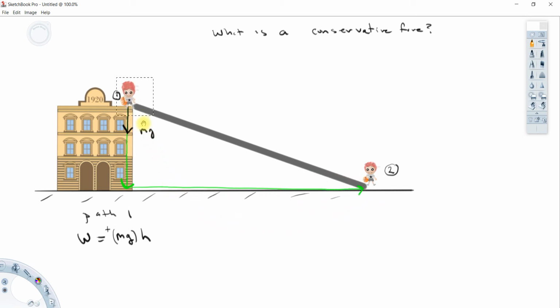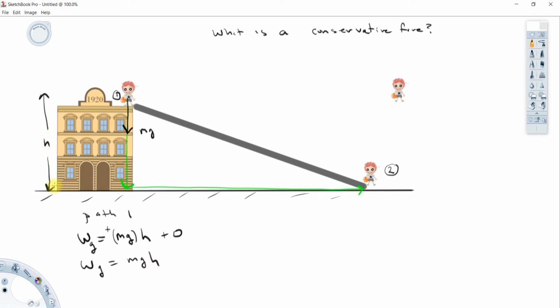When Timmy goes from here to here, work done by gravity is positive mg times whatever that height is, and I'll label it in a moment. Work done from here to here is 0, at least the work done by the gravitational force, because the gravitational force makes a right angle to its velocity. So the work done by gravity along path 1, which is again this path right here, would be positive mgh plus 0. So the net work done by gravity is mgh, and again where h is whatever this height is.